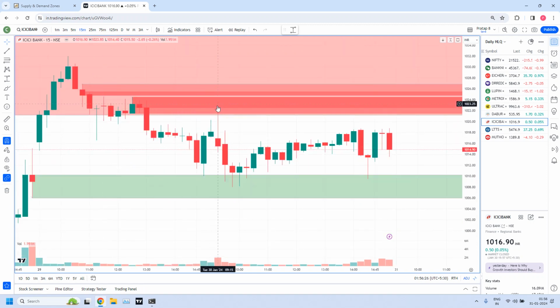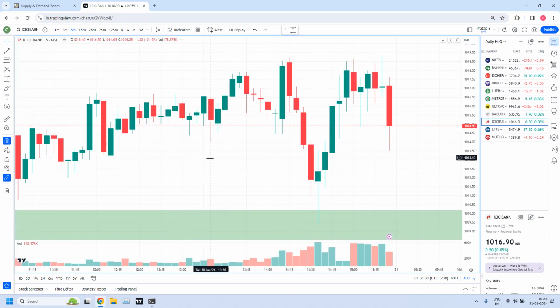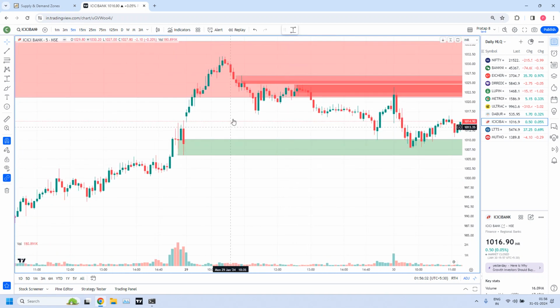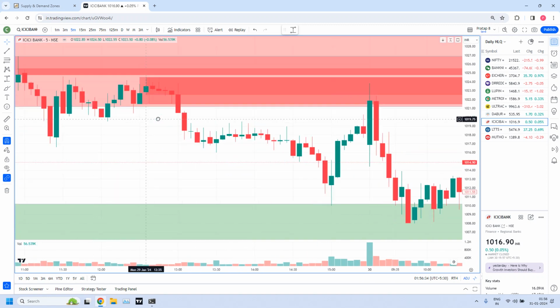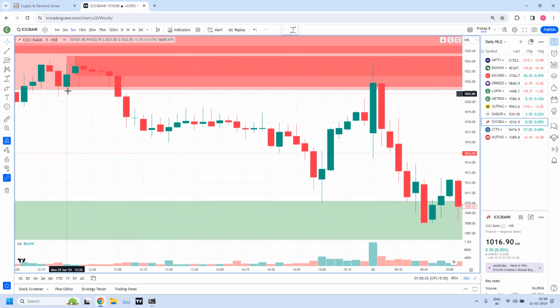So see today how prices reached that 5-minute zone. First let me show you that 5-minute zone. See here we have an ERC candle as a leg in. Next 1, 2, 3, 4, 5 base candles and then a drop candle. So this is the one.